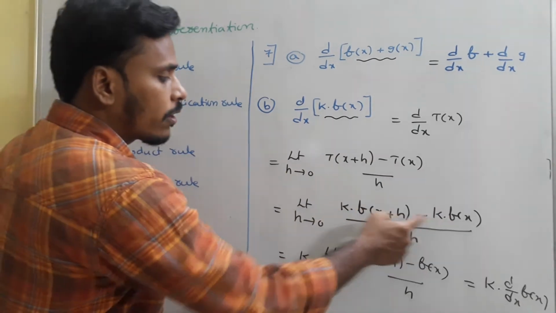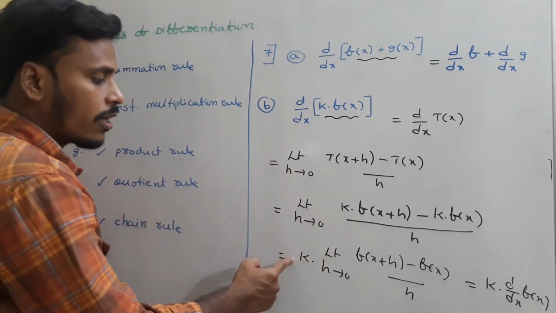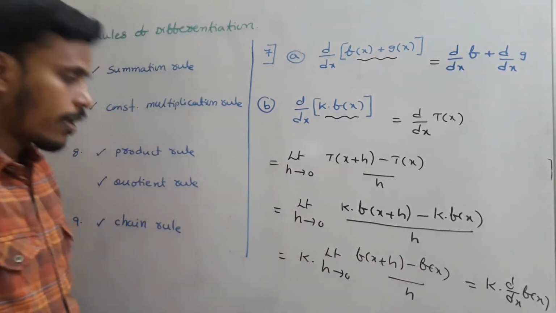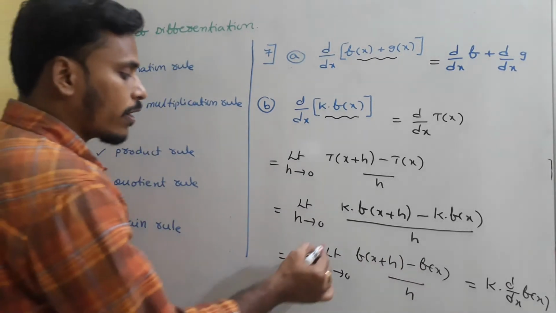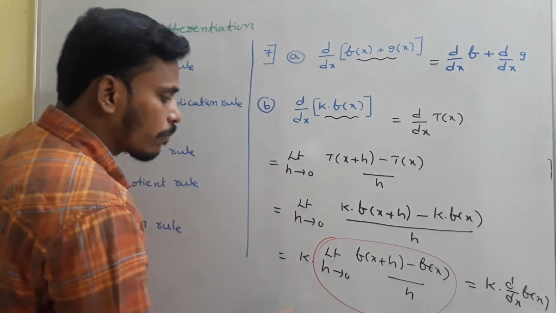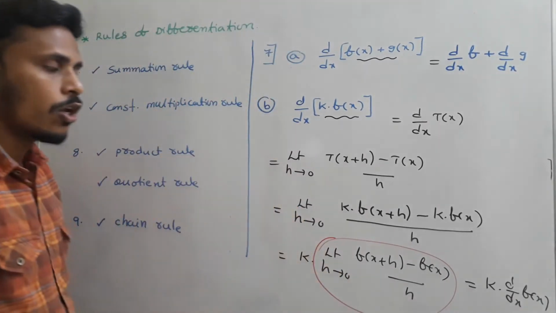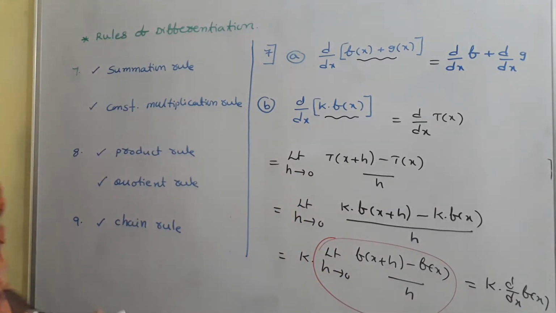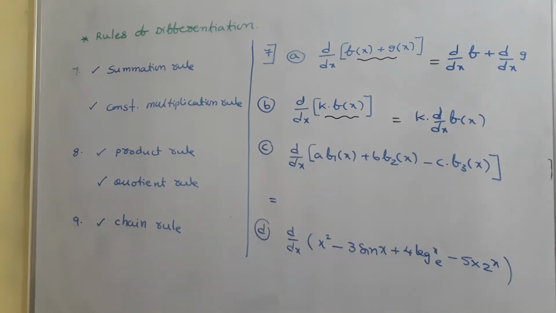So k is a common thing for these two separated terms. So k into limit h tends to 0, f of x plus h minus f of x by h. This is simply nothing but the derivative of f of x. So finally, d by dx of k into f of x is k into d by dx of f of x. Easily we can separate the constant out.